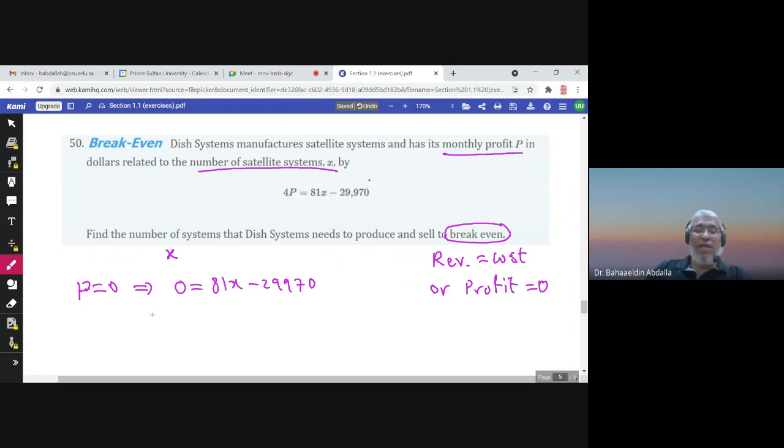Well, let me bring 81x to the left-hand side. And then just divide both sides by negative 81 to find x. Now use your calculator to find the answer. So the answer is 37.